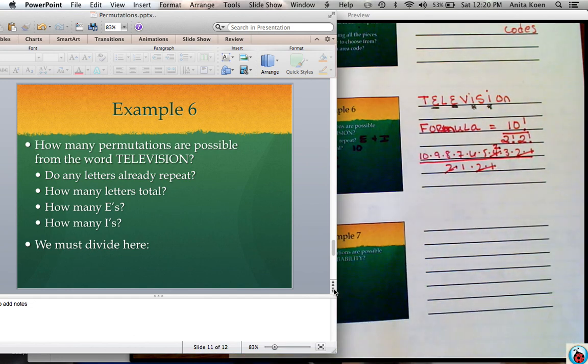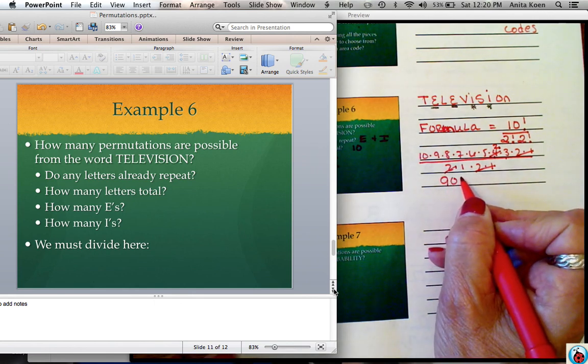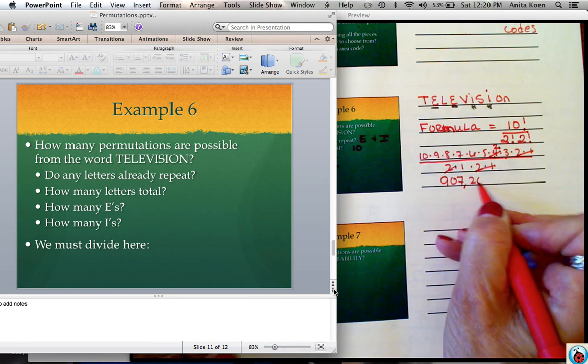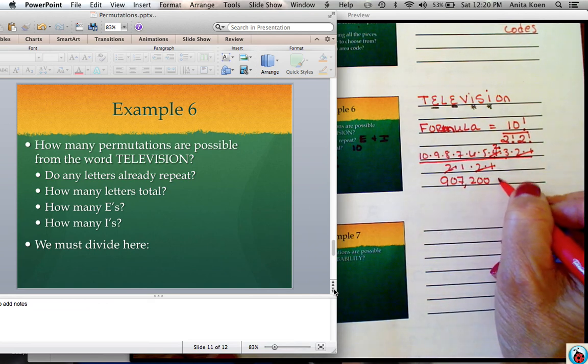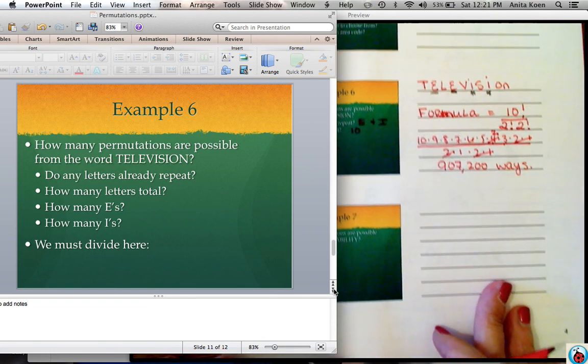So then I can go to my calculator and do 10 times 9 times 8 times 7 times 6 times 5 times, not 4 anymore, but times 2, and then times the 3. And that gives me 907,200 ways. And this is with repetition.